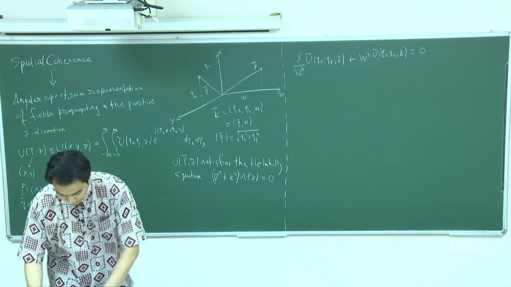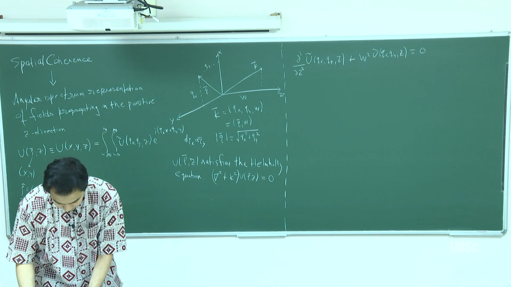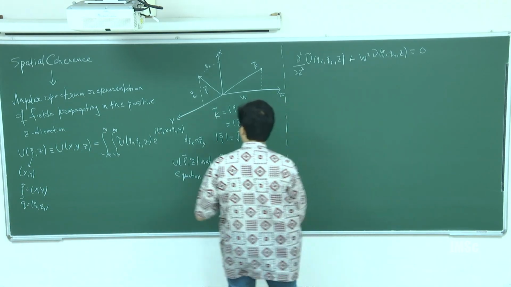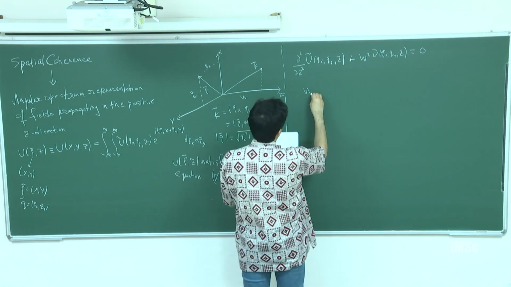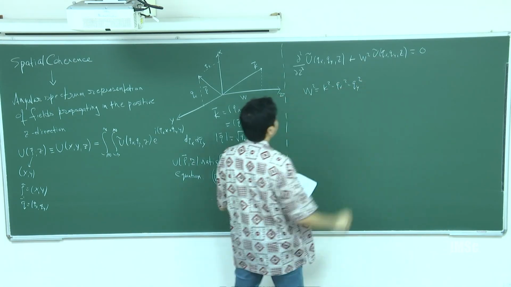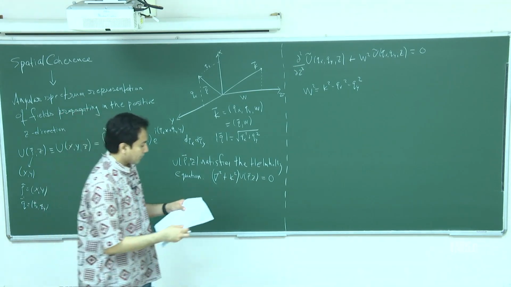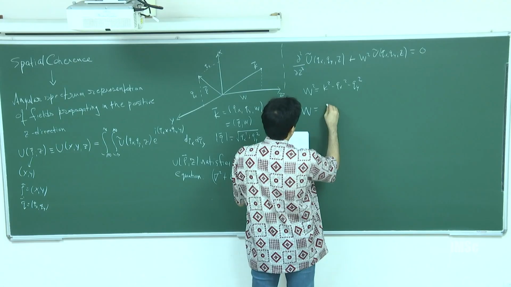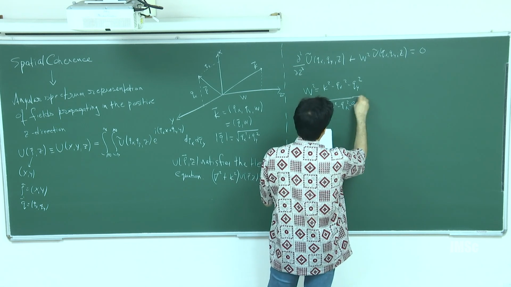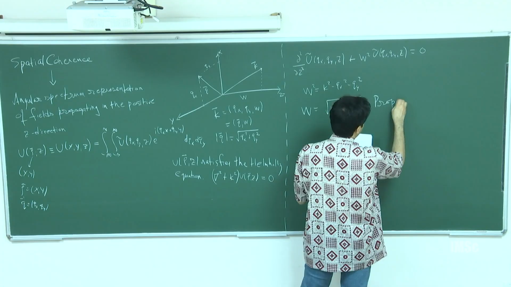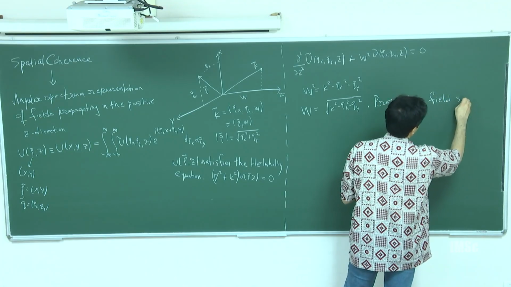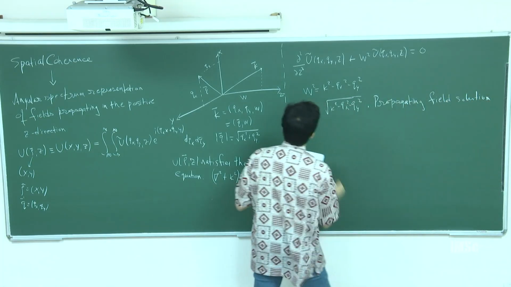Of course, w has two parts. One is the propagating wave solution if w is positive, because please note that w square is k square minus qx square minus qy square. When you take the square root, it could be either positive or negative. The positive root corresponds to the propagating field solution.